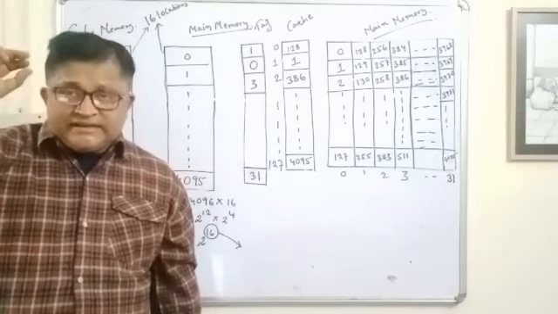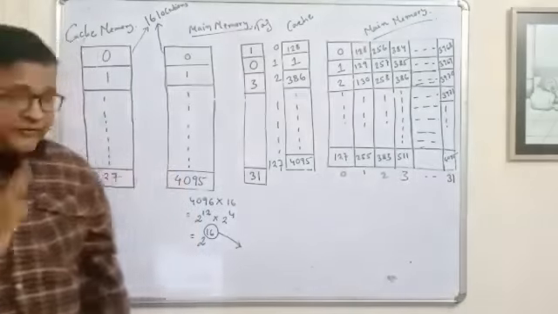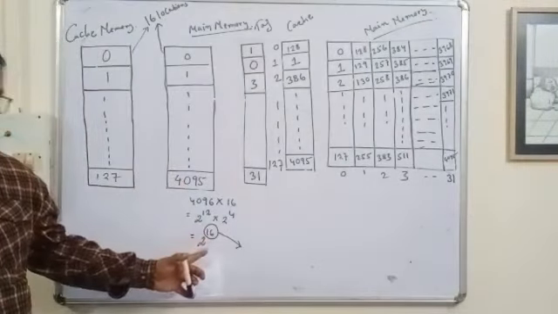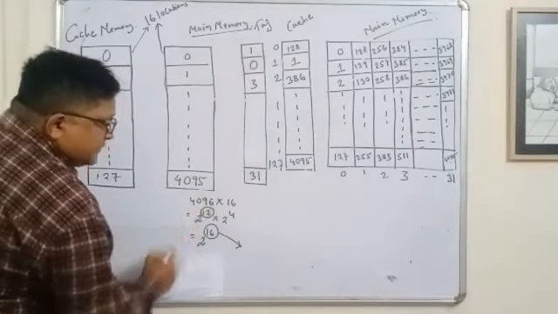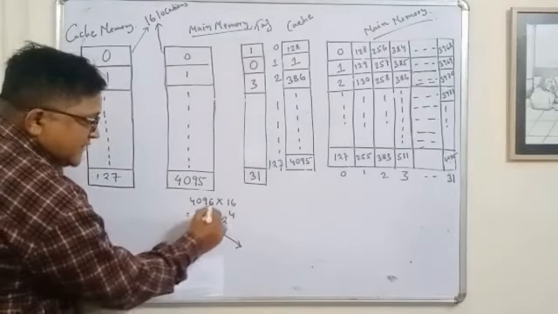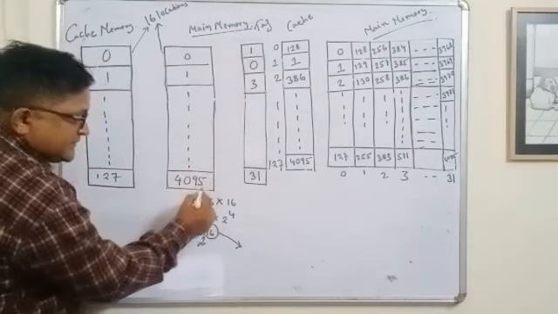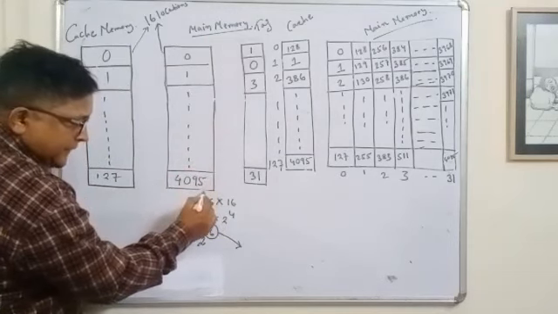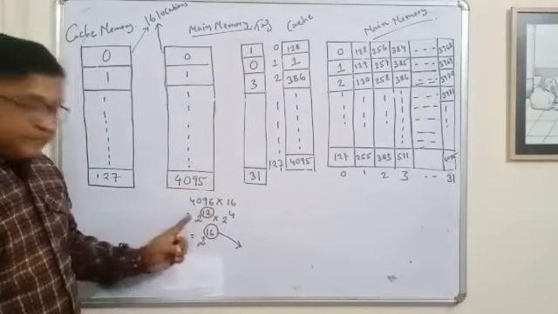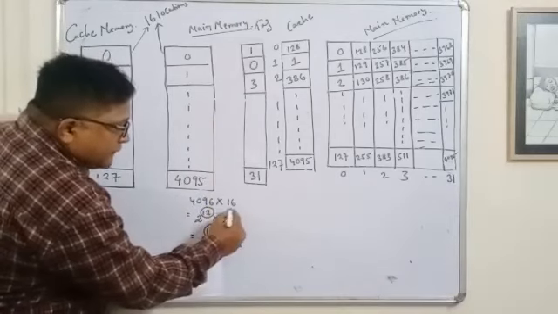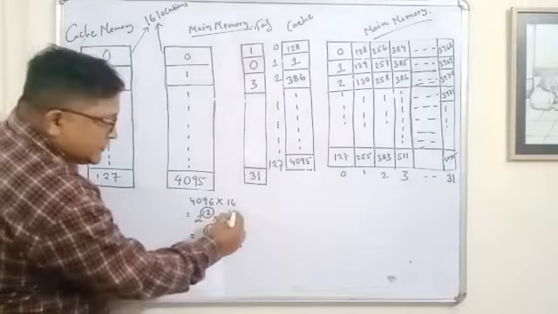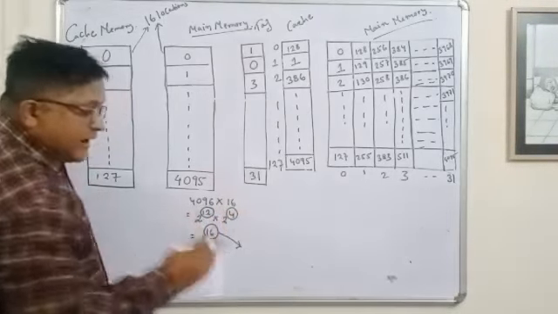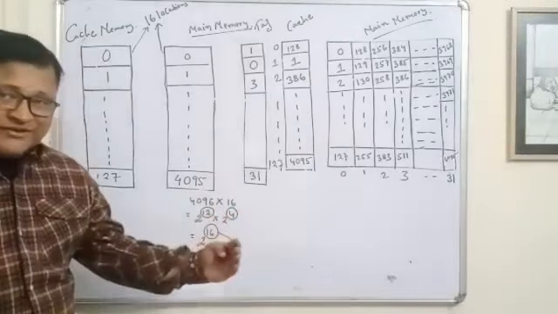To address a certain location in a certain page, we require 16 bits, where 12 bits are required for addressing the page number, because there are 4096, meaning 2 to the power 12, pages in our example. 16 locations means 2 to the power 4, so 4 bits are required to address a particular location in a given page.